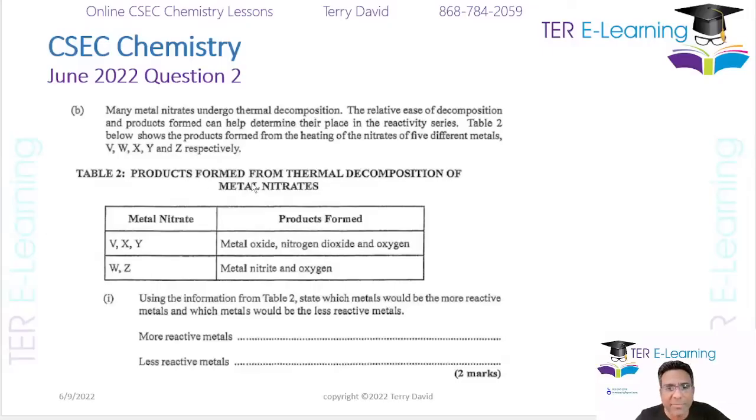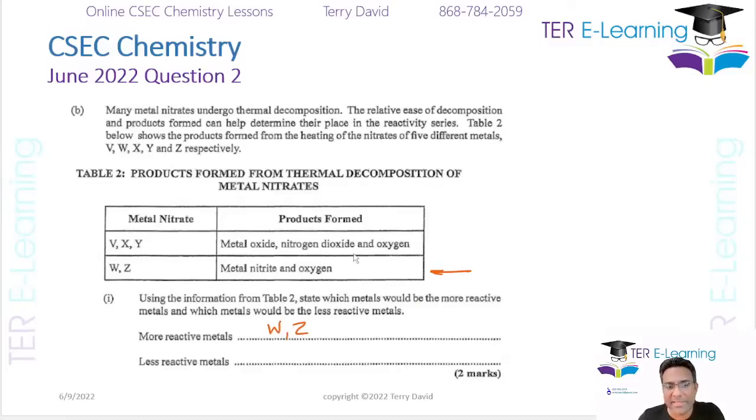Now, let's see, we have V, W, X, Y, and Z. And they are telling us, like I said, guys, I did not do the papers yet. I looked at it, but I didn't do it. So let me know if I'm seeing any craziness. So W and Z produce the metal nitrite. Now that tells me that those two metals are the most reactive. So therefore, this one here should be W and Z for sure.